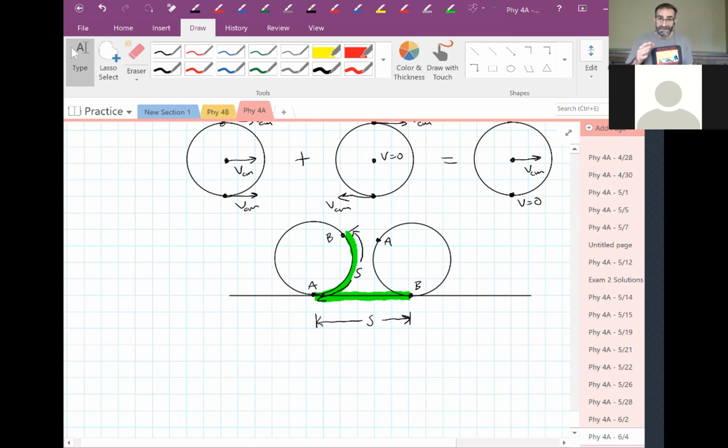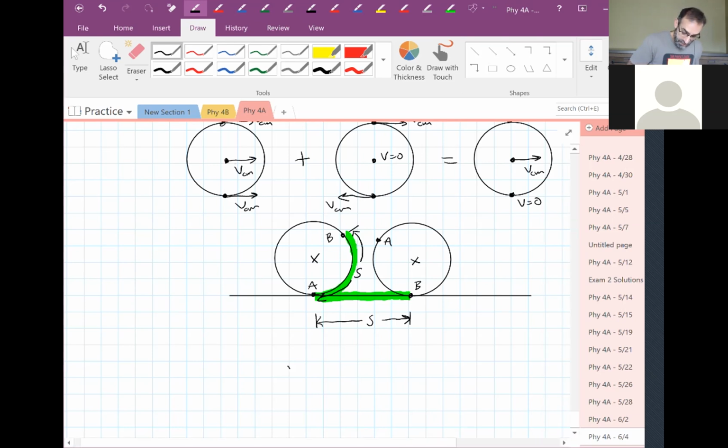The point I'm trying to make is that the center of mass of my object moved forward by a distance s. So the v center of mass and the velocity on the rim also moved by a distance s in this same time, right? So they're connected.